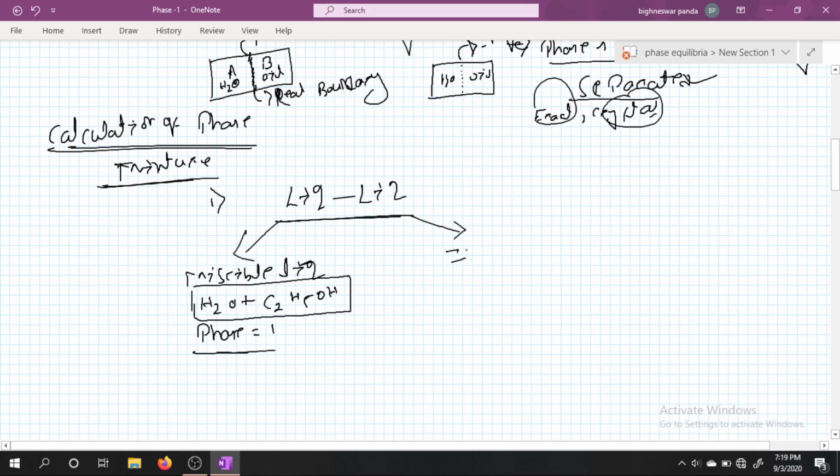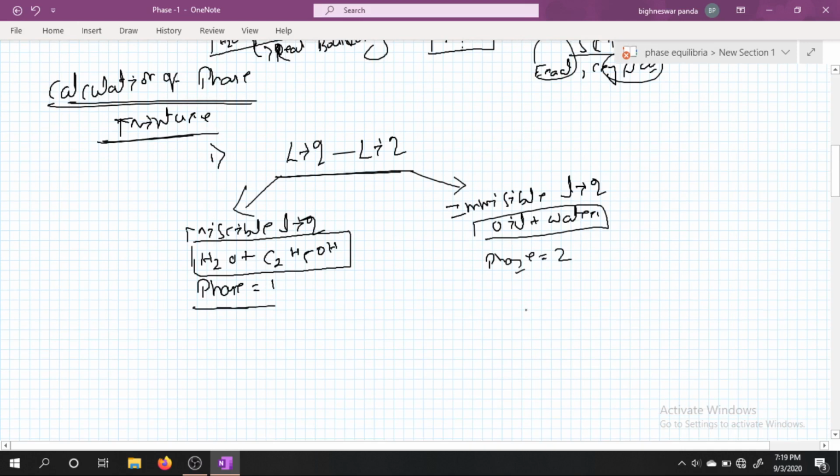But if we are taking immiscible liquids such as oil plus water, in that case the number of phases is equal to, that is important. In general, the number of phases is equal to the number of immiscible liquids.